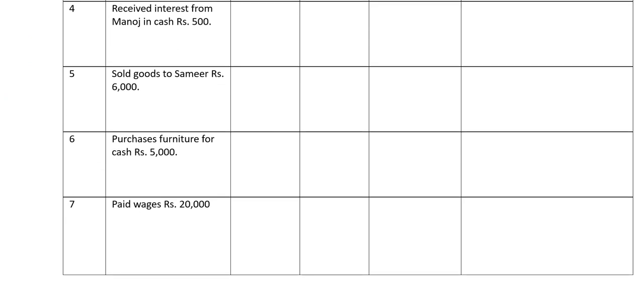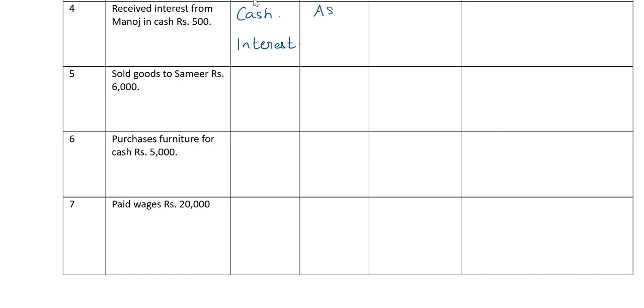Received interest from Manoj in cash rupees 500. A nominal account is involved, we need to take the name of the nominal account. In this case, Manoj's account will be ignored. So the accounts involved are cash account and interest account.